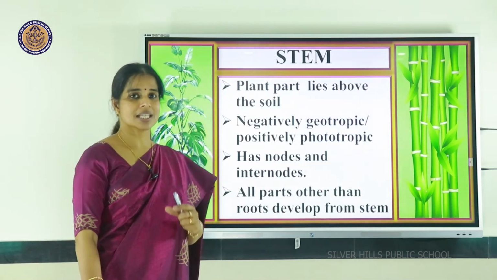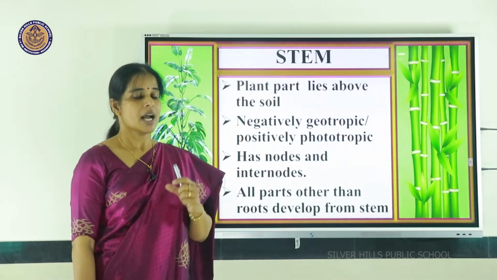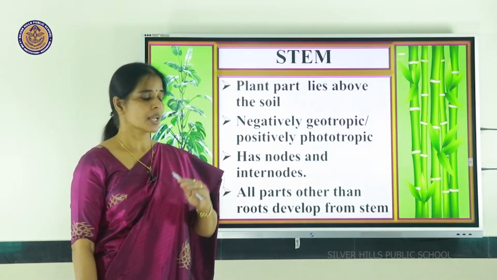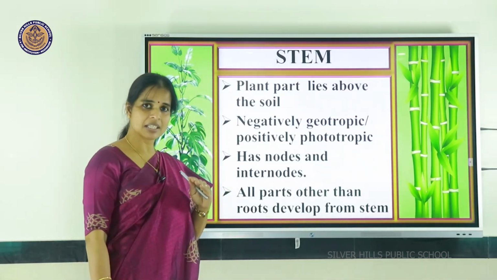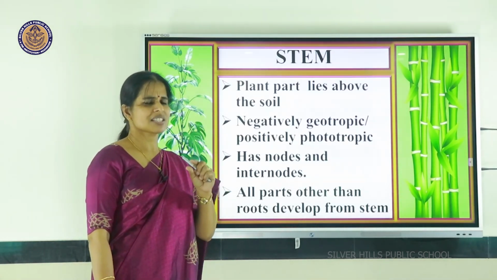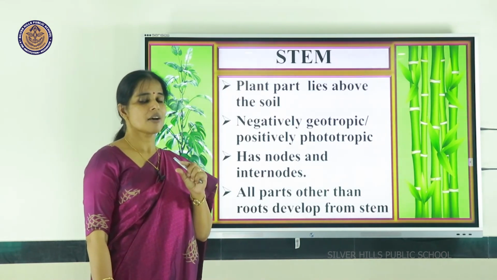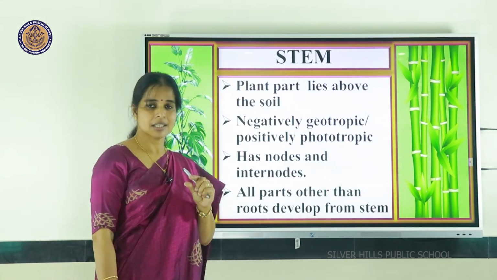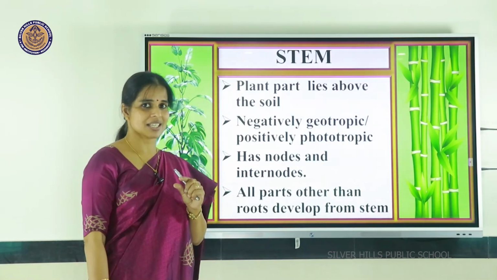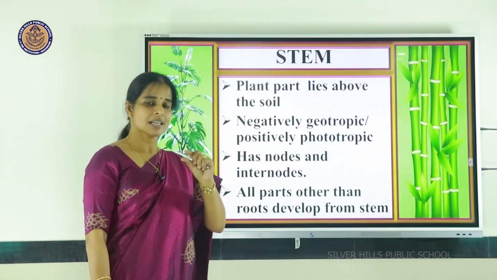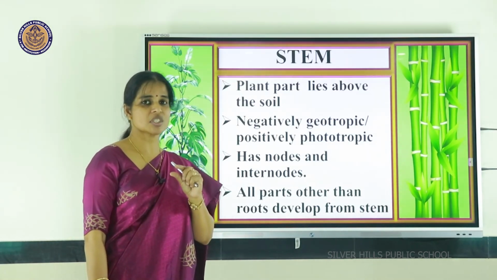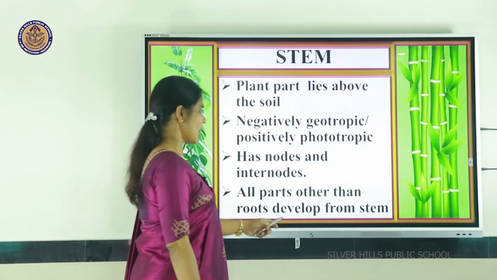What are nodes and internodes? When we see a stem, it has certain segmented regions, slightly bulged portions from where the buds, the branches, the leaves, etc. arise. These bulged, segment-like portions seen on a stem are known as nodes.